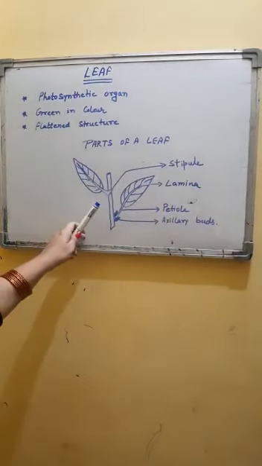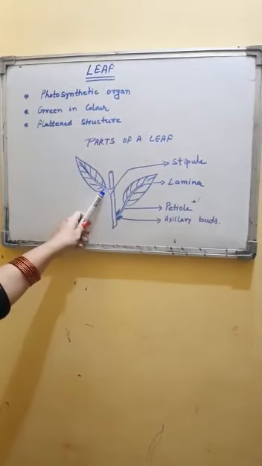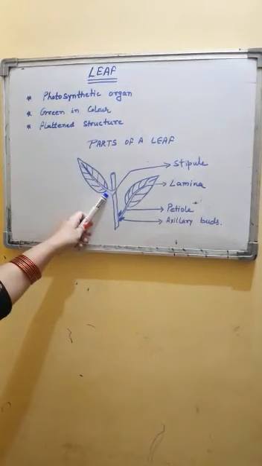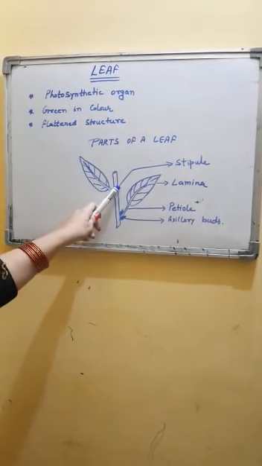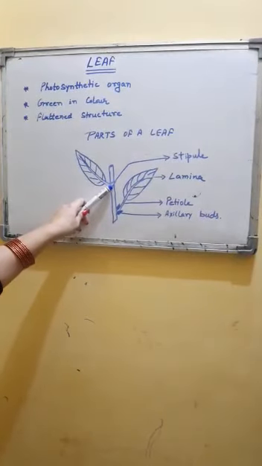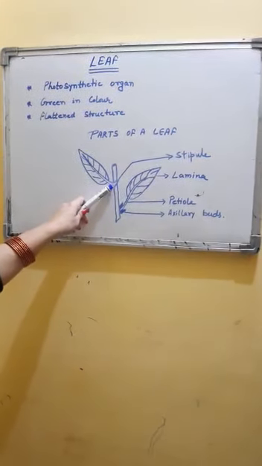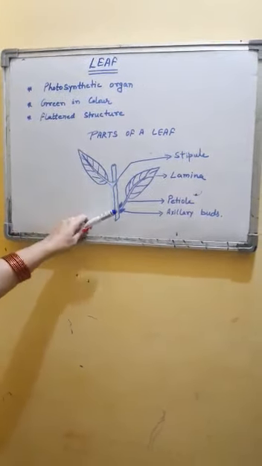Leaf base also contains stipule. Stipules are actually an outgrowth of leaf base to protect young axillary bud. It wraps up, it covers up the stem part to protect this axillary bud. So in this view we can see stipule, and on that side we can find axillary bud, which is shown in this diagram.